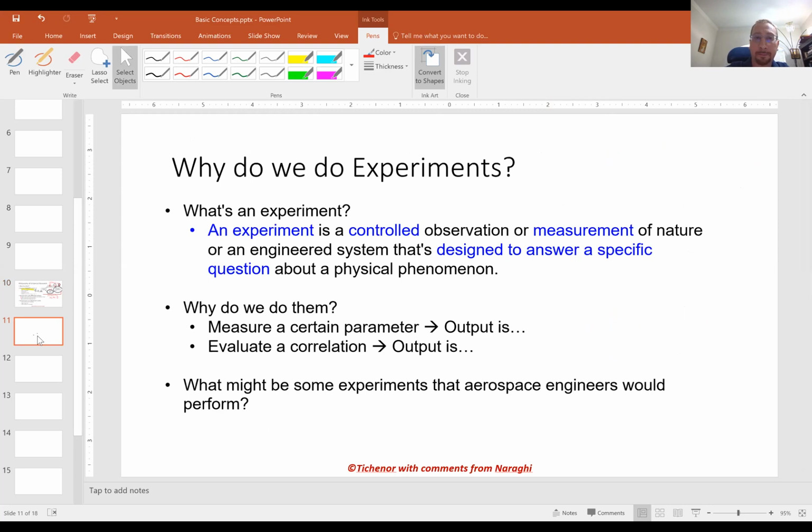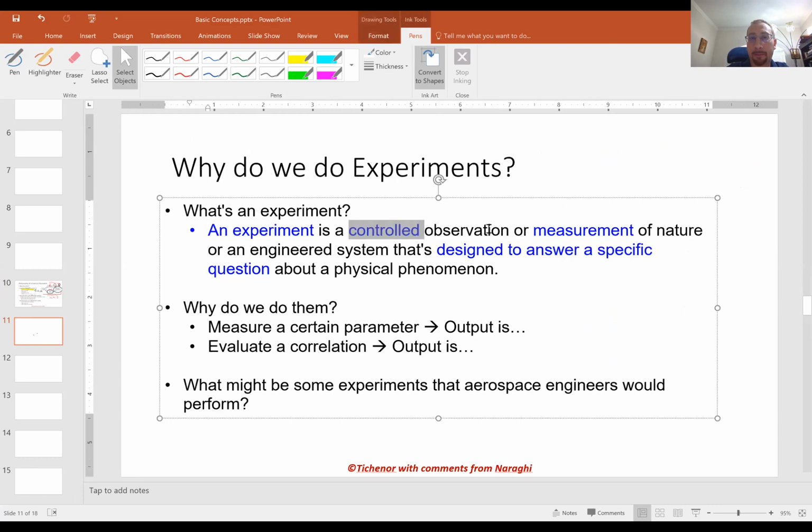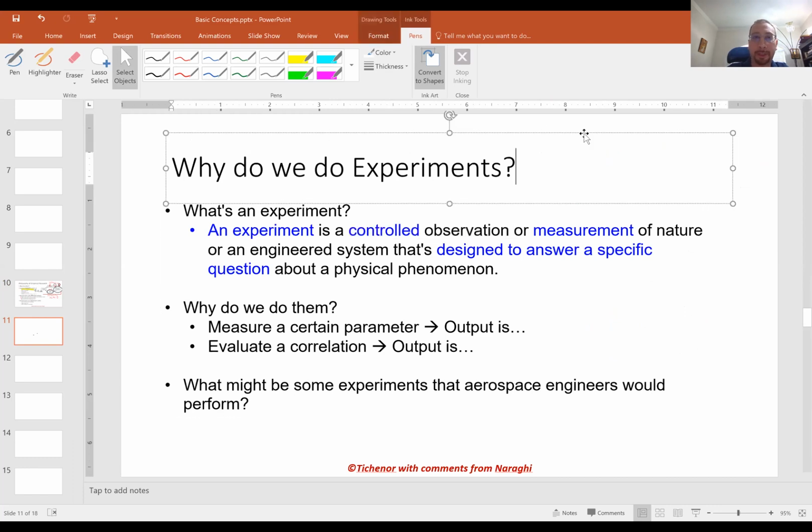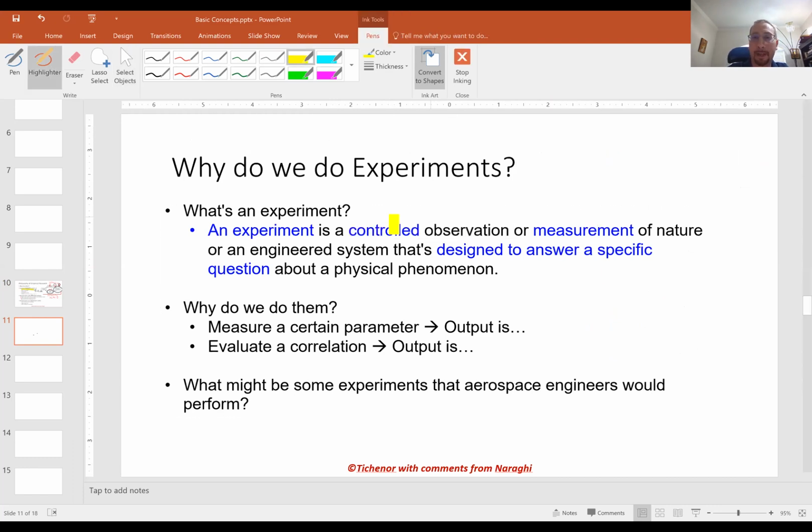And so basically, an experiment is a controlled observation, and what it means is that in most cases, only one variable is changing.